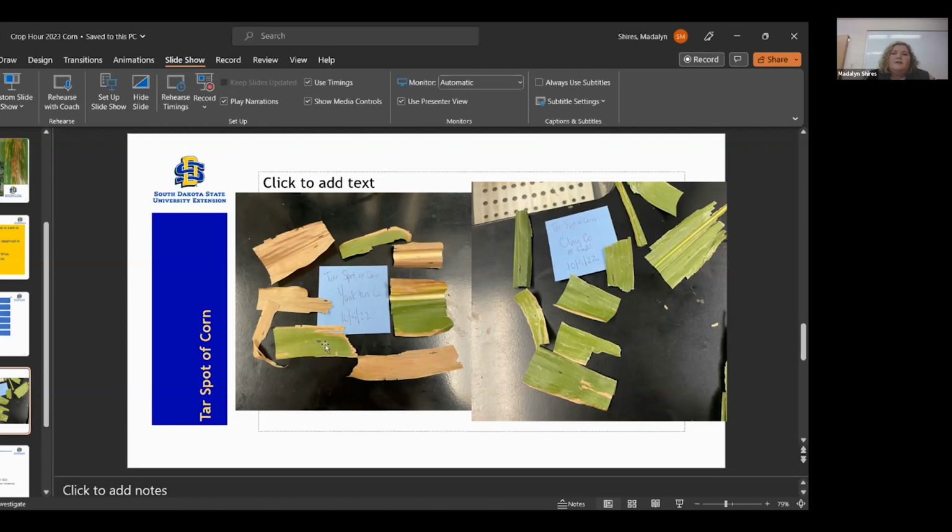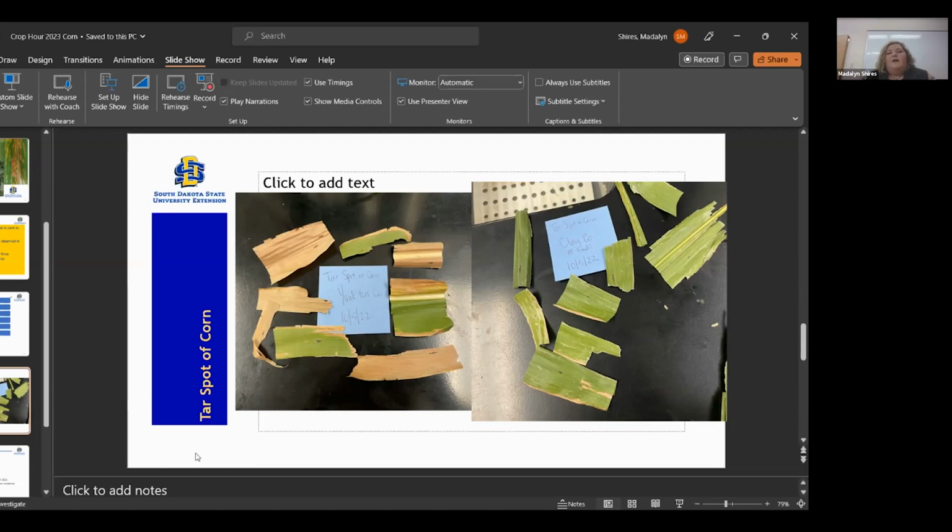And you can see here, these are the different spots that the pathogen causes. Tamara will probably describe this to you as well, but when she was teaching me about it, it's like you dipped a paintbrush into black paint and just splattered it onto the corn leaves.